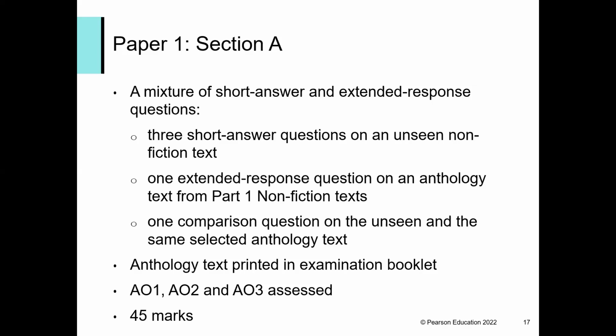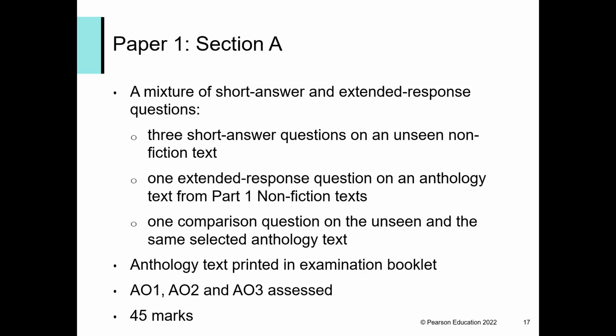The anthology text is printed in the exam booklet for students. These questions assess AO1, AO2, and AO3, and there are 45 marks across those 5 questions.